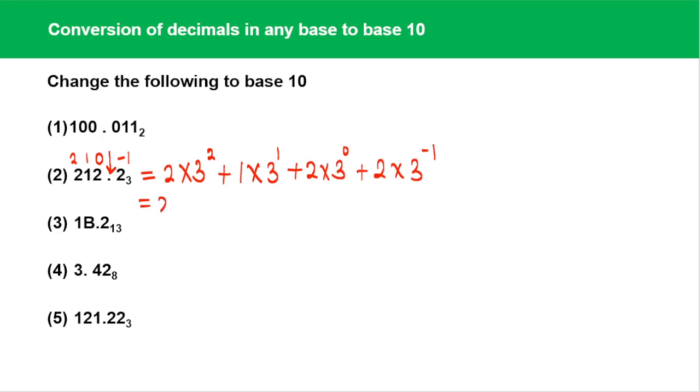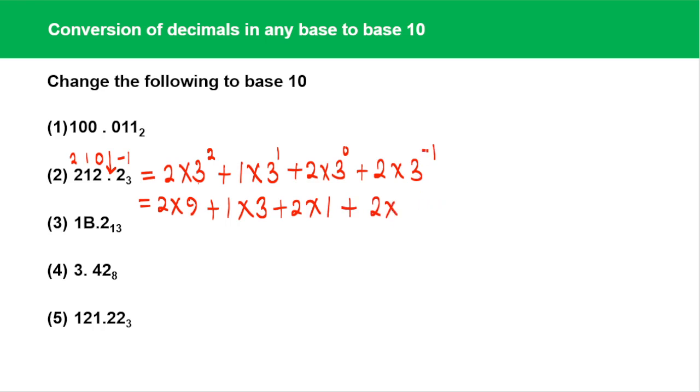We'll simplify further. This will be 2 times 3 to the power of 2. That's 3 times 3, which is 9, plus 1 times 3 to the power of 1 is just 3, plus 2 times 3 to the power of 0. That will give us 1, plus 2 times 3 raised to the power -1.